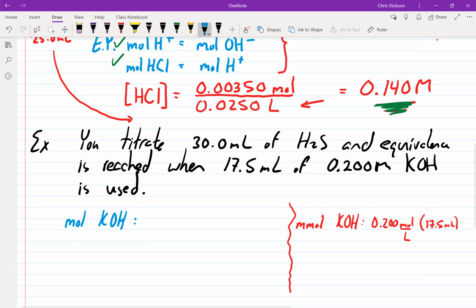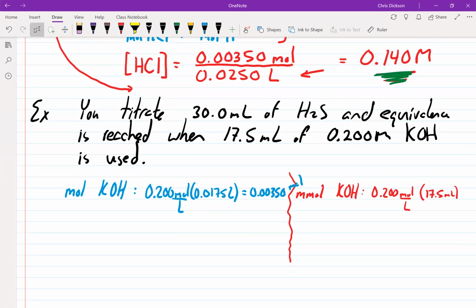So if I do the same thing as before, I would take 0.200 moles per liter and multiply it by a volume of 0.0175 liters, and that would give me 0.2 times 0.0175, which is 0.00350 moles.